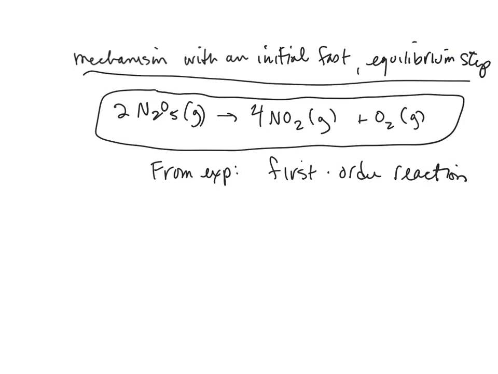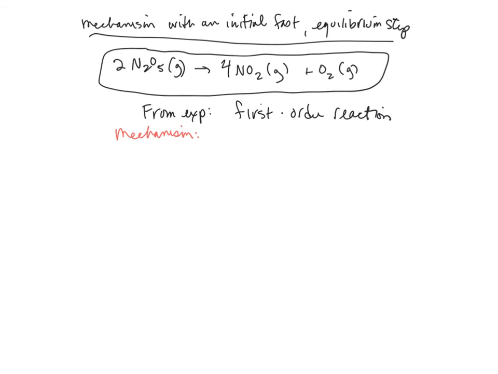So then we can come up with a mechanism for it, guess it, and maybe based on a few things we know about these types of reactions, that would help us make a good guess. And if we did that, we could come up with N2O5. We'll leave off the phases here.